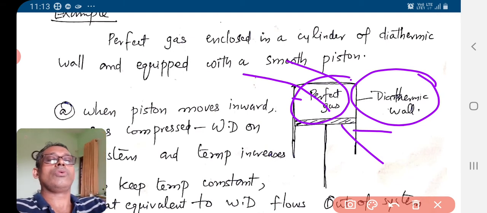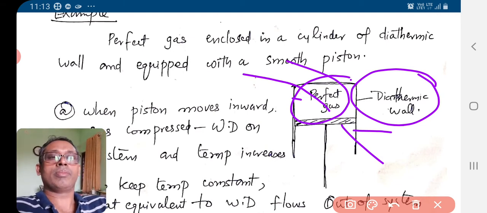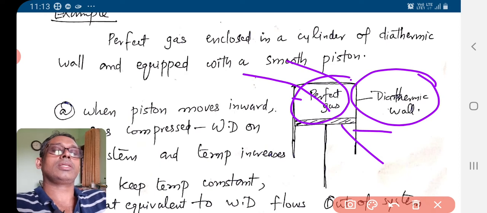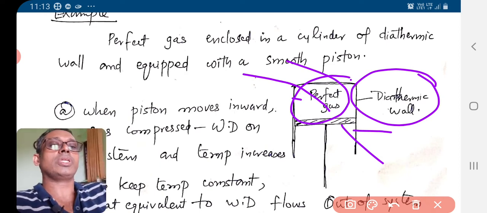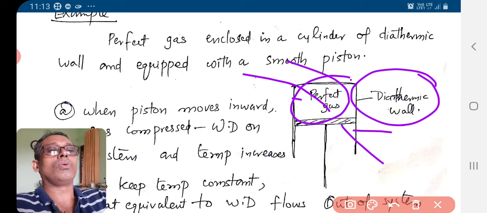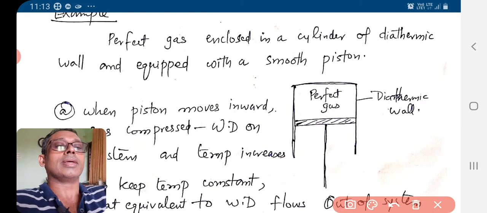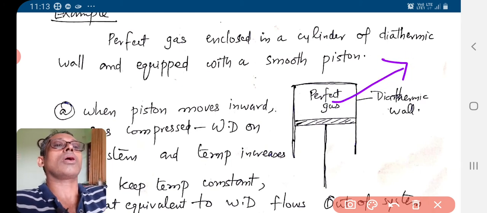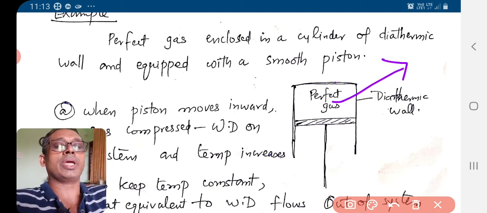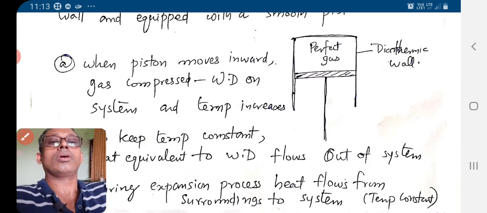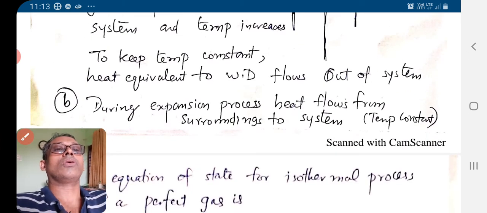So we will be doing work on the system, and it gets energy and its temperature increases. But the excess heat will flow from the gas into the surroundings through the diathermic wall, keeping the temperature constant.